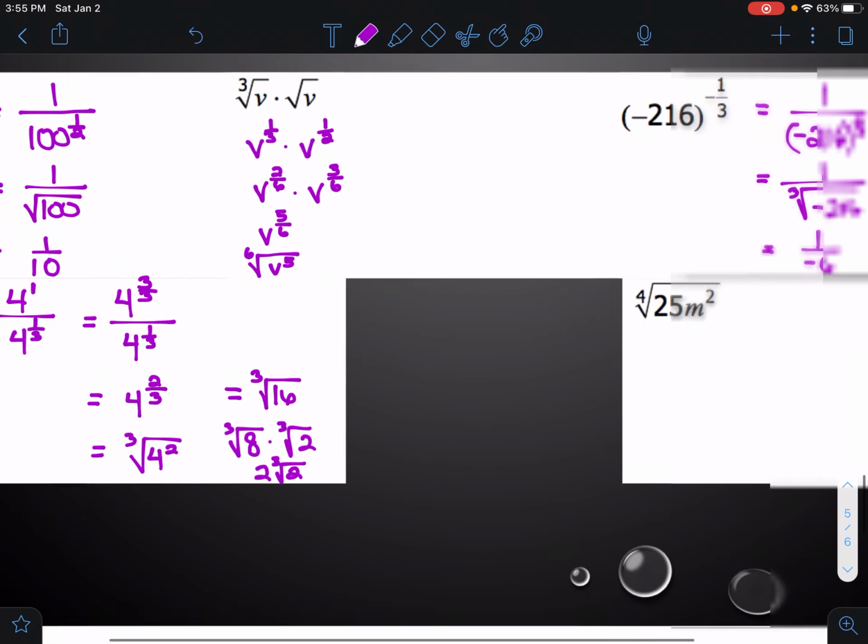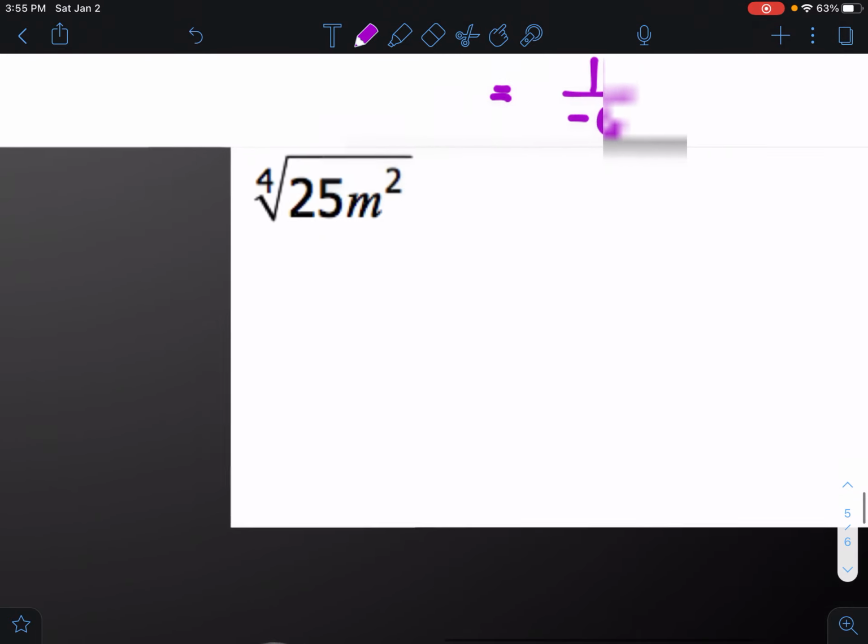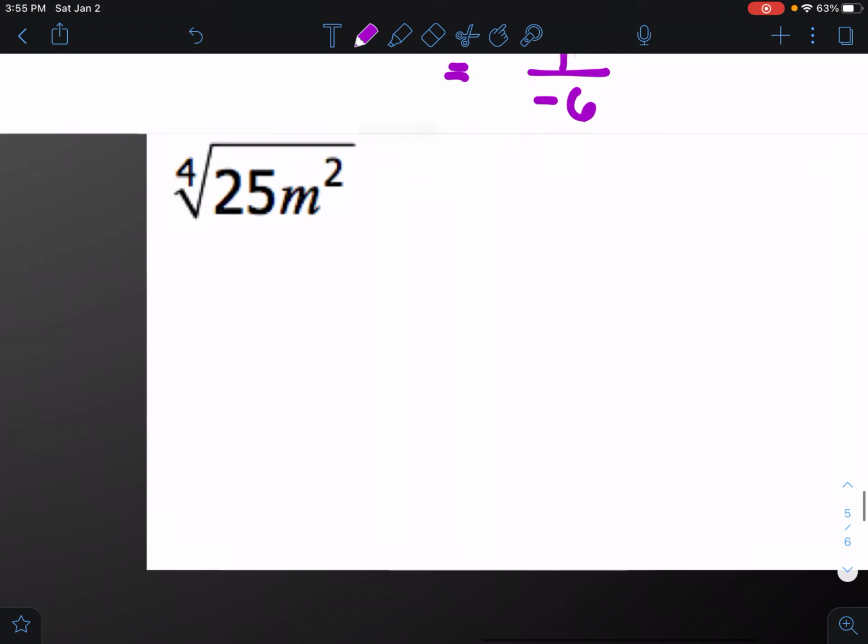All right, one more. Then I think you've seen all different kinds that you can see. Okay, 25m squared. Again, a radical here, so I'm going to convert this. 25m squared will all be to the 1/4 power.